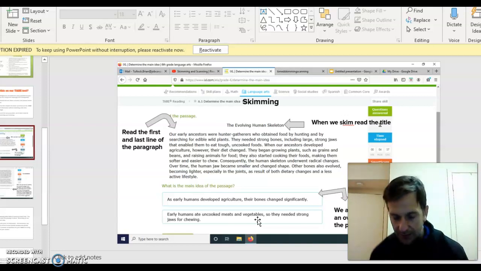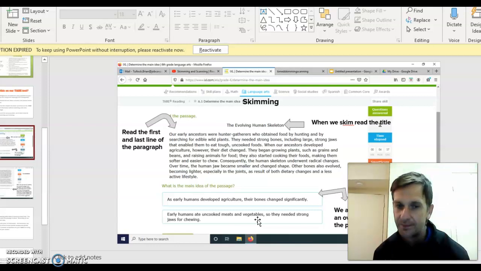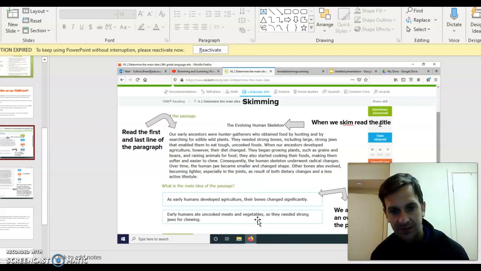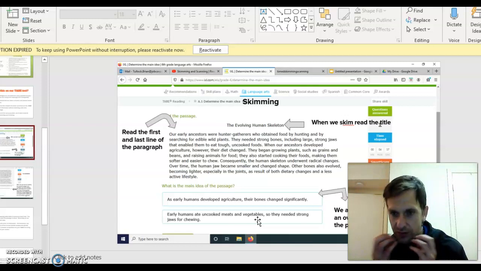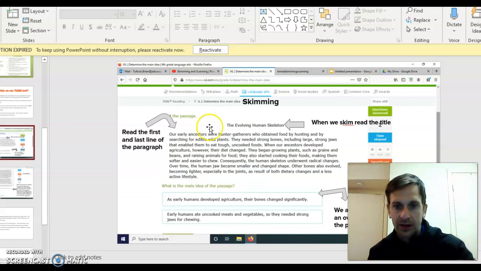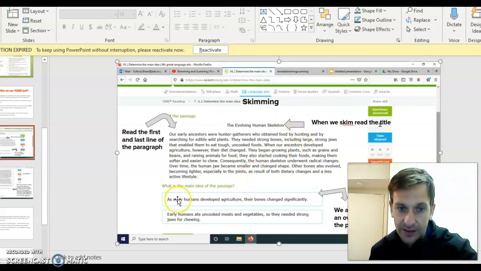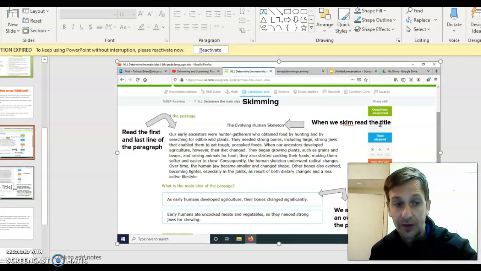They're talking about the body, the bones. So eating uncooked meats and vegetables created more than just strong jaws, right? We're thinking about main idea. Remember, we talked about main idea last week. The most important thing. Our answer is going to be this one: humans developed agriculture, their bones changed. Does this make sense, skimming?